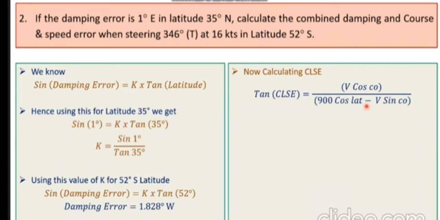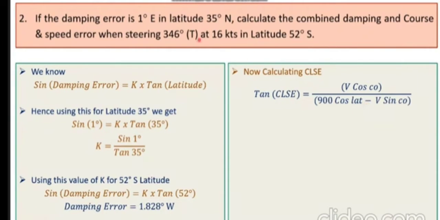Plus sign is used whenever we are on an easterly course, a course having an easterly component, either in the northeasterly quadrant or the southeasterly quadrant. And a negative sign is used when we have a westerly component in the course. That means the quadrantal course is either in the northwest quadrant or the southwest quadrant.